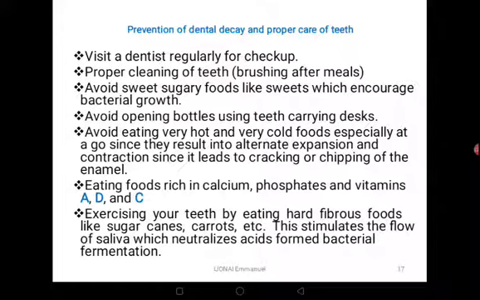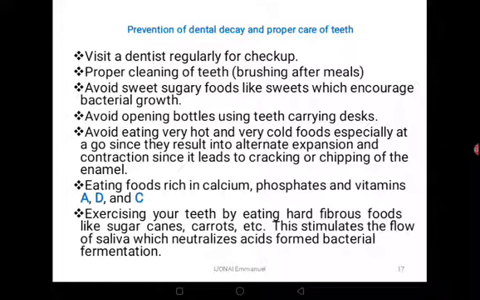So avoid eating such foods, especially sugary food. Avoid opening bottles using teeth. Some people open bottles, like Coca-Cola, using their teeth, as if the teeth are the openers. There you are risking your teeth. In fact, they start wearing and bacteria can easily invade that worn out part.